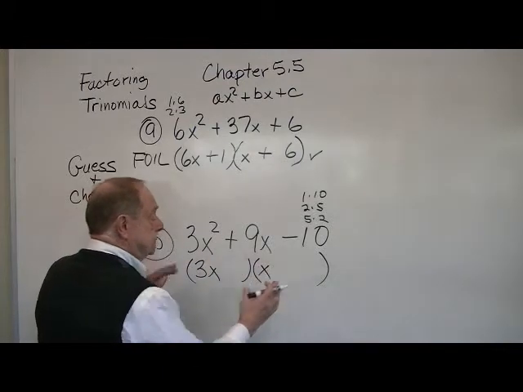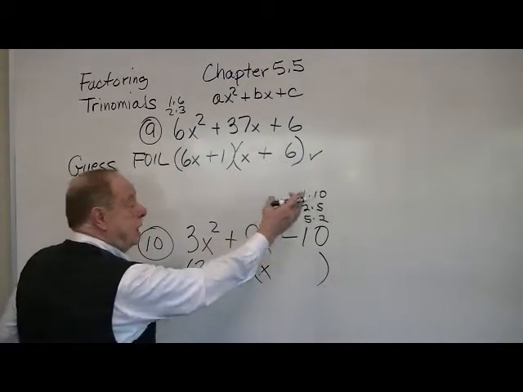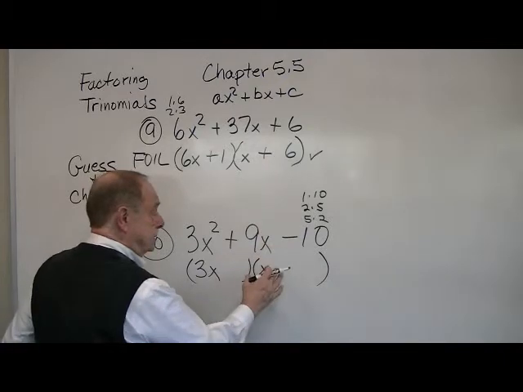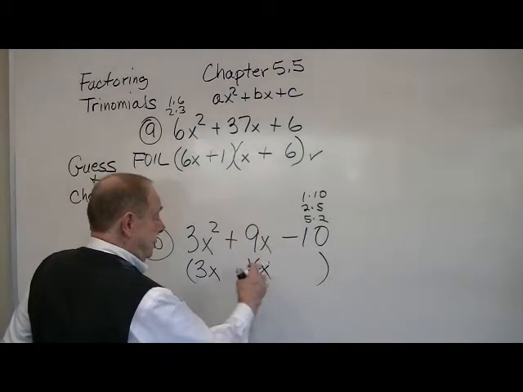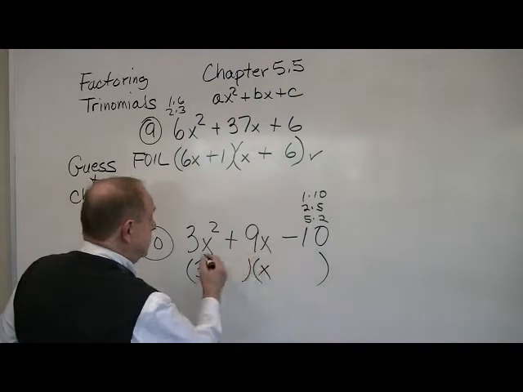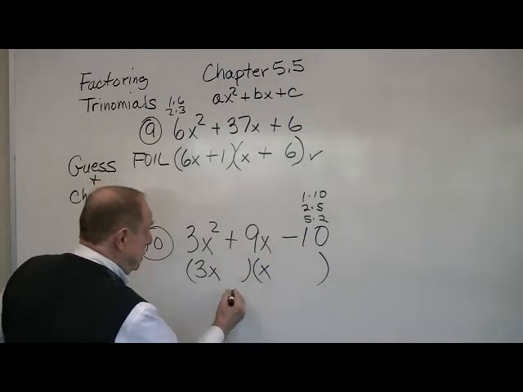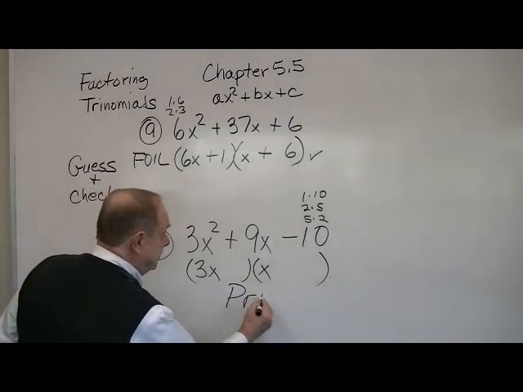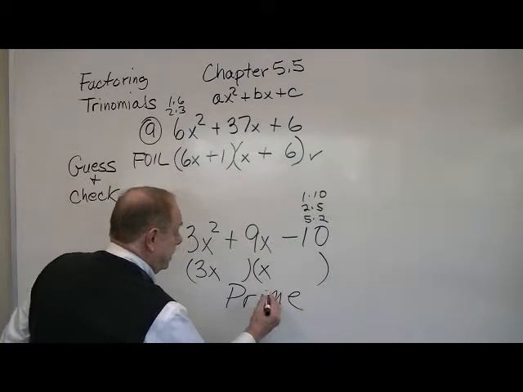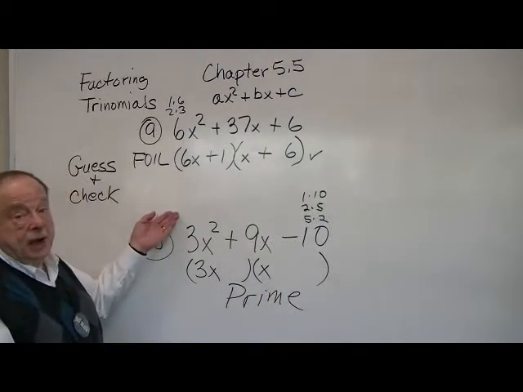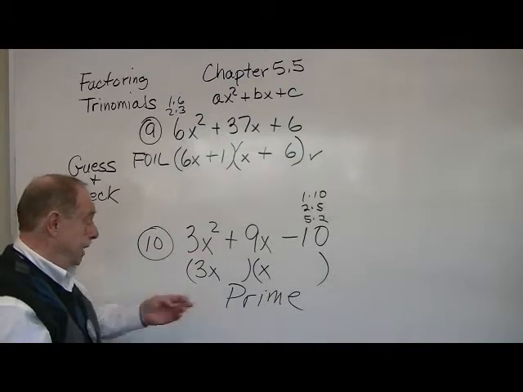So if we get to a situation like this where we've tried everything and nothing seems to work, the answer is that this particular trinomial we say is prime and is not factorable. In fact, that is the answer.